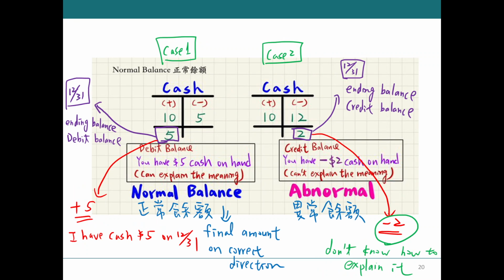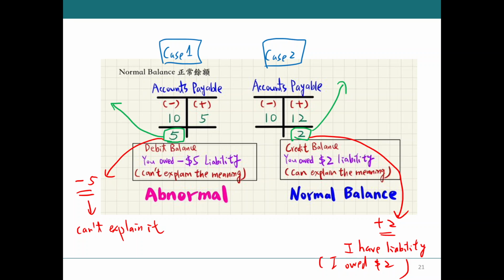Okay, cash. Which side is normal? Go back to liabilities. Which side is normal? Zoe, which side? Right side.